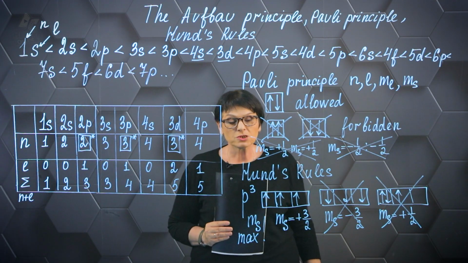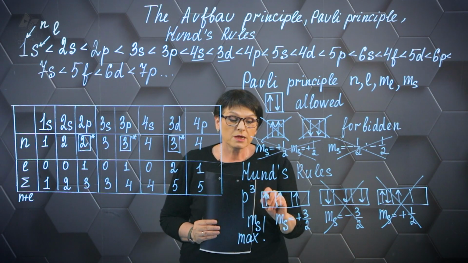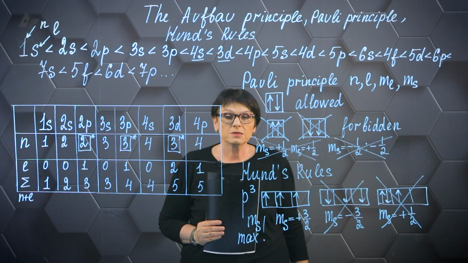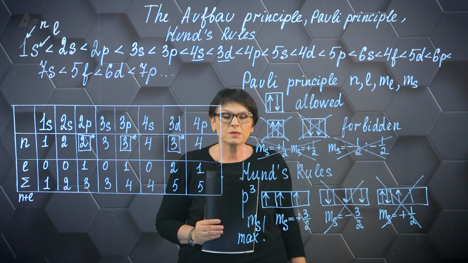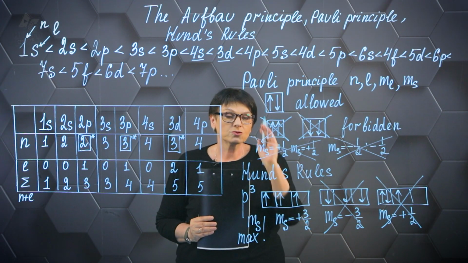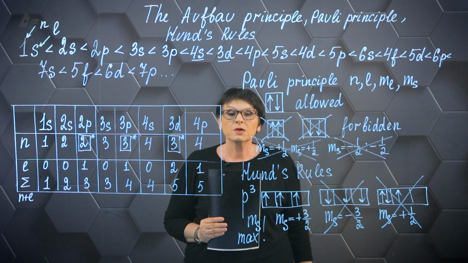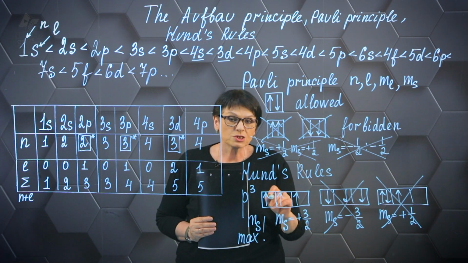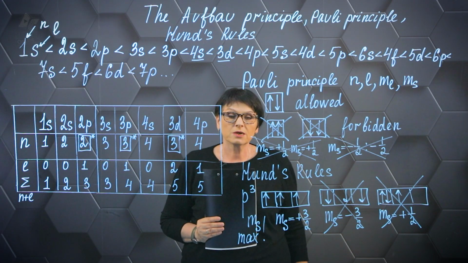And I also call your attention to the fact that when you distribute the electrons in the cells, the first arrow must be strictly upward, because the spin number of the upward arrow is plus 1 second. It is this value that is the maximum value, and the first arrow cannot be downward, because the spin number would be minus 1 second, which is the smallest value. Hence, it is forbidden.